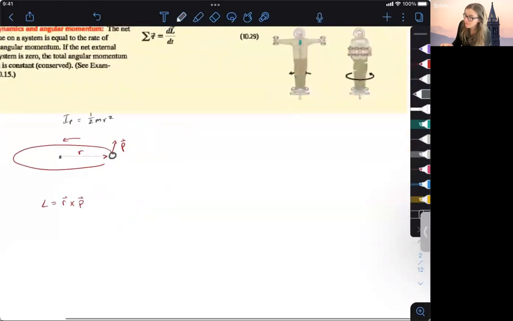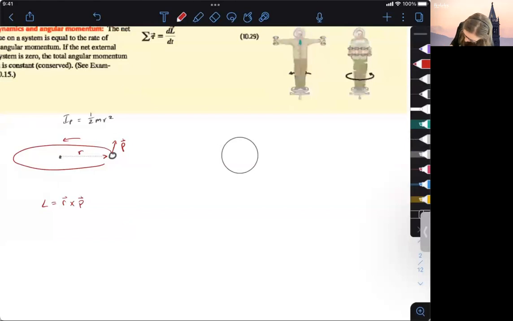Then I also have these extended objects, like for example a sphere, etc. And I can use both equations for the extended object and for the point mass. I'll show you how they end up interchangeable here. So this one also is, I have L is equal to I cross W, okay?